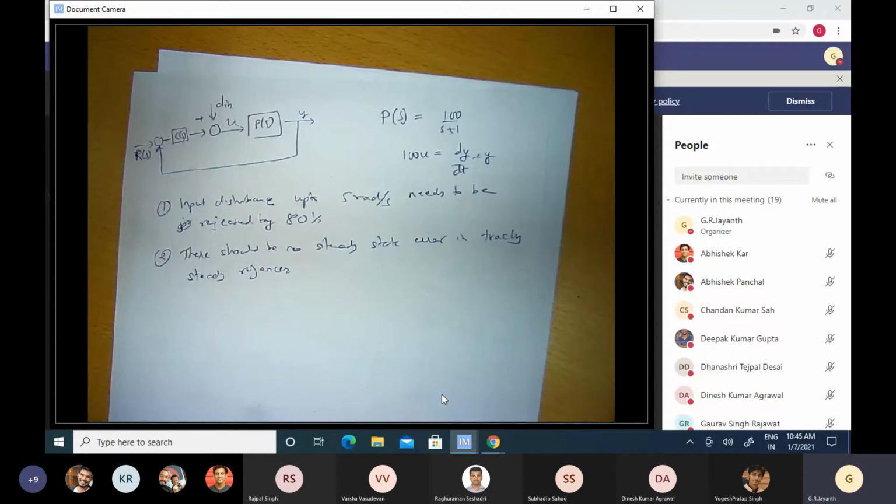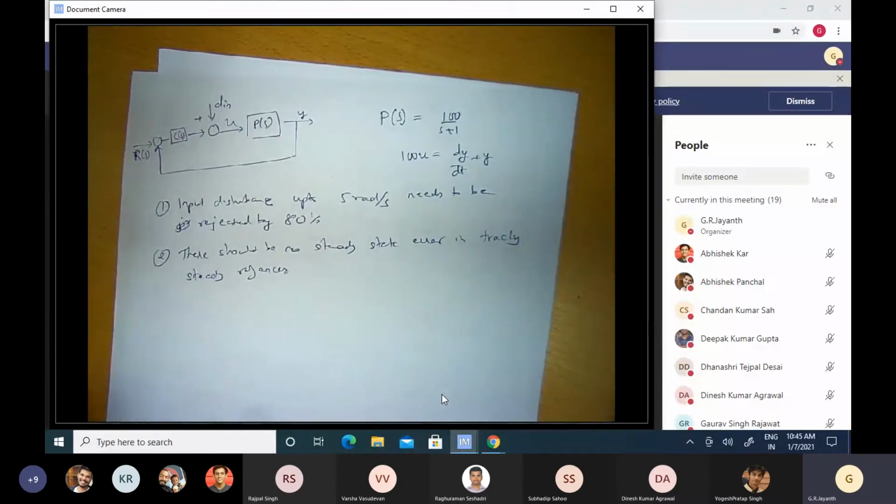I want the temperature to be, let us say, 24 degrees centigrade for an air conditioner, or inside the refrigerator, 4 degrees centigrade. Now, initially the temperature may not be 4 degrees inside the refrigerator, but once I switch on my control system, the error will gradually start to reduce. What I'm specifying here is that when the transients have all gone away, when the system has reached steady state, the error should be 0.